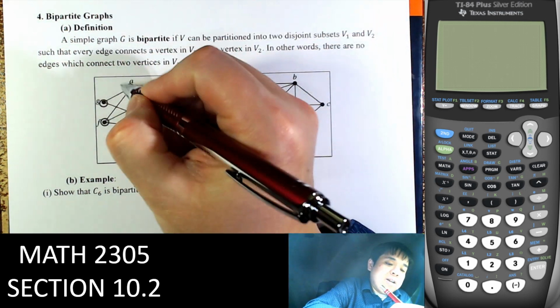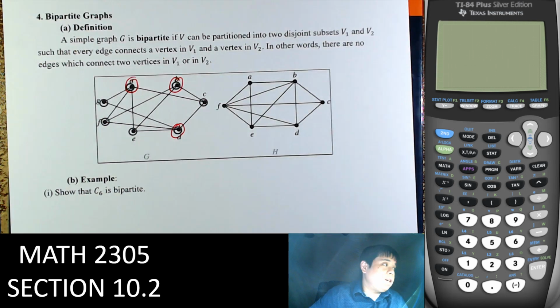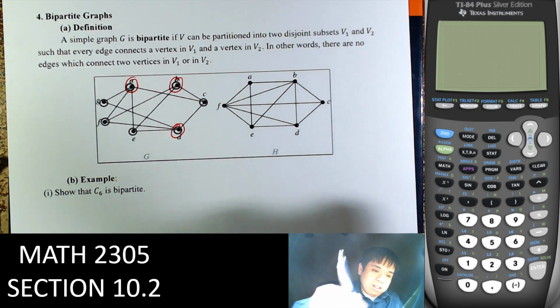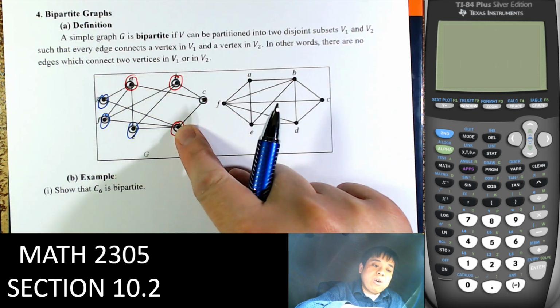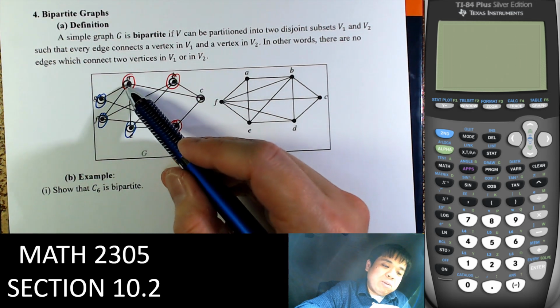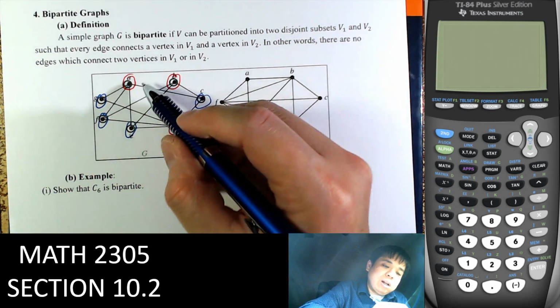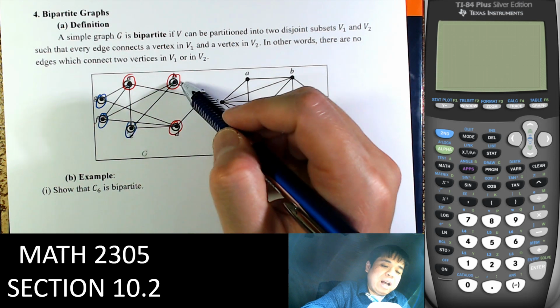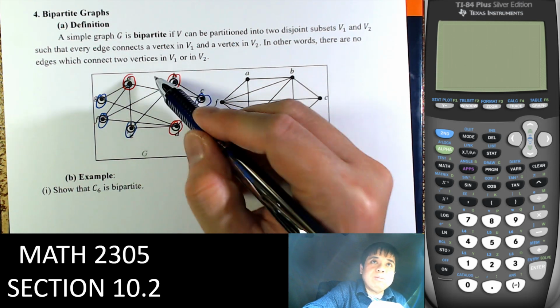So for example, if we look at this one, I have to look in color, much better. If we look at these vertices and the other vertices, those points do not connect to each other, so I have two different sets. Each one doesn't have to connect to every other one, but it only connects to the other side.